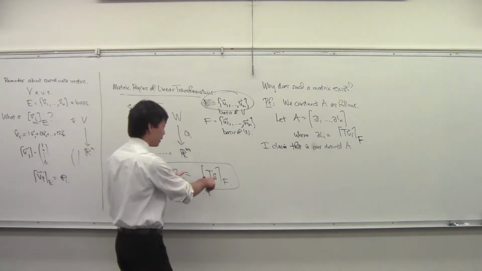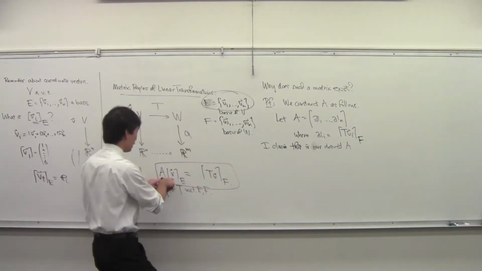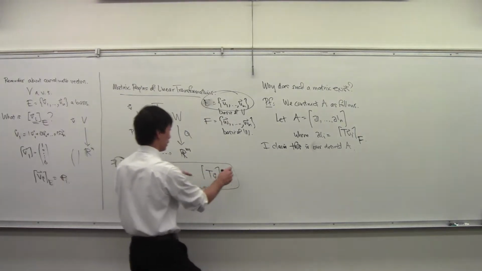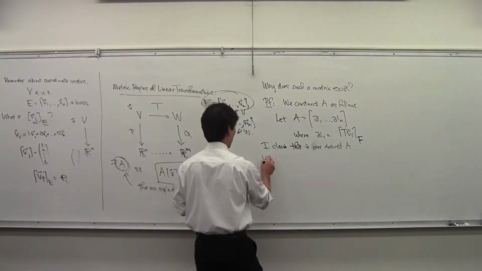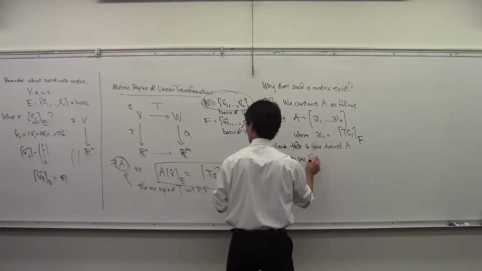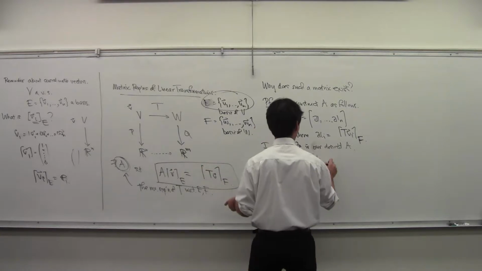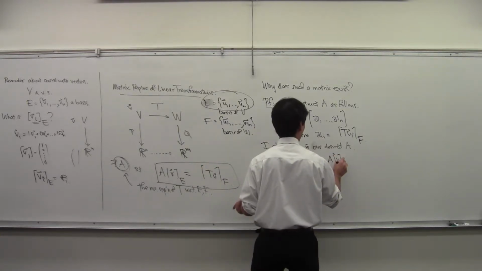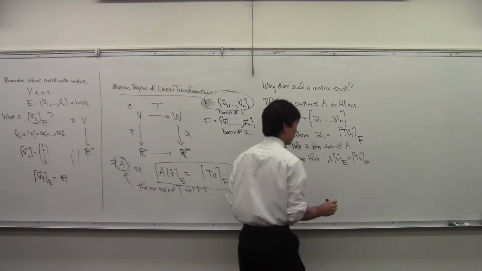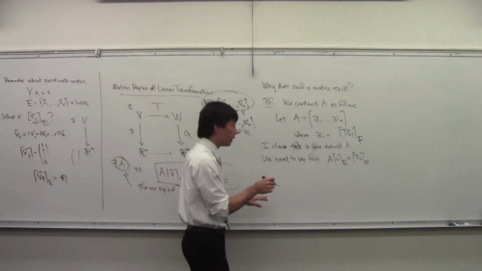Okay, so let me rewrite this. I'm going to write it like this. We need to see that A V_E equals T V_F. Okay, I'm going to rewrite that.